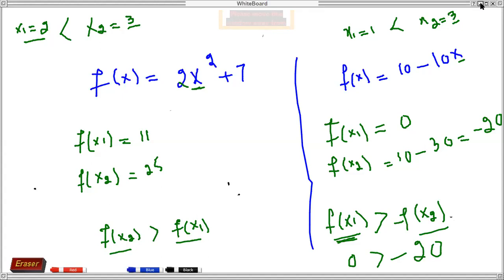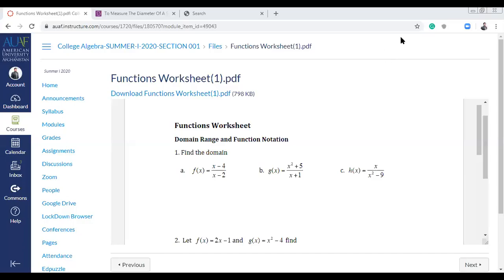Okay, worksheet 1. Okay, let me check worksheet 1. This one, Firdaus.